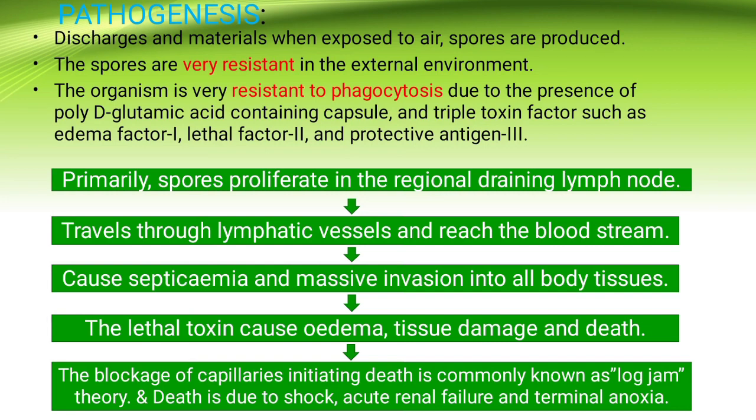Primarily, spores proliferate in the regional draining lymph node, which then travel through lymphatic vessels and reach the bloodstream, which causes septicemia and massive invasion into all the body tissue. The lethal toxin causes edema, tissue damage and death. Finally, the blockage of capillaries initiating death is commonly known as the logjam theory, and death is due to shock, acute renal failure and finally terminal anoxia.